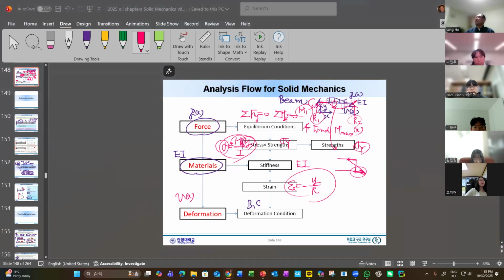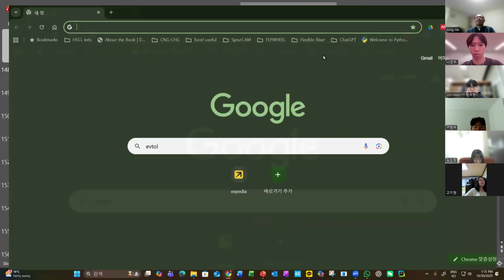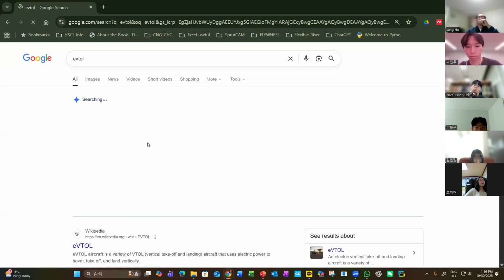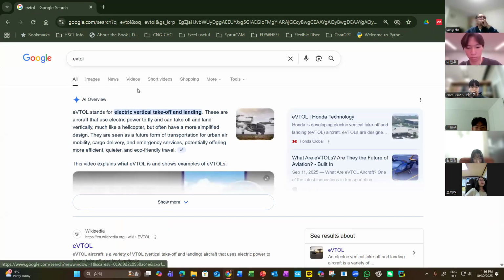Speaking of the eVTOL, I'd like to emphasize the importance of eVTOL. eVTOL stands for electric vertical takeoff and landing.